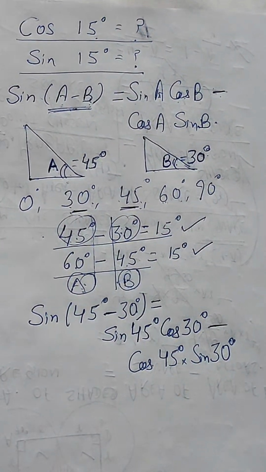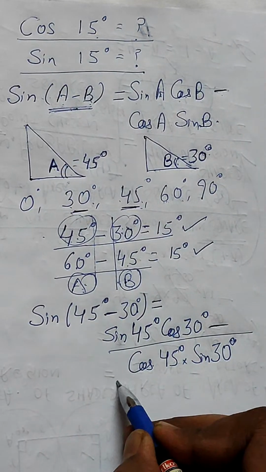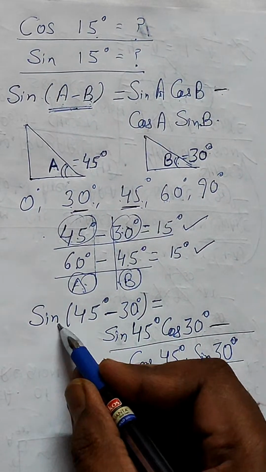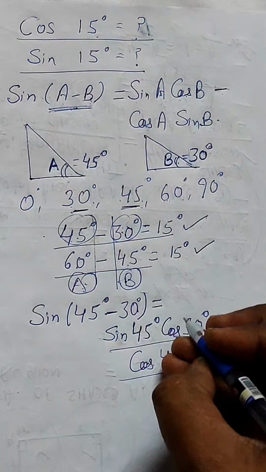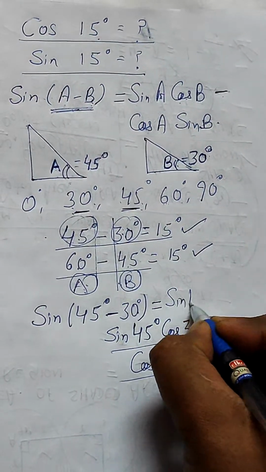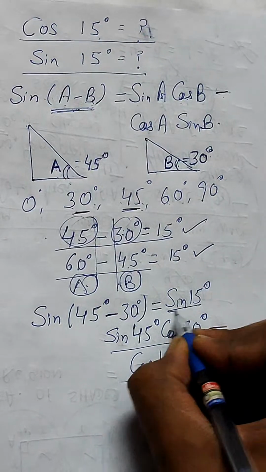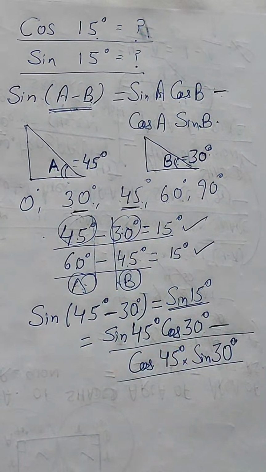So this will be the value for sine 45 minus 30, which is equal to sine 15 degree.